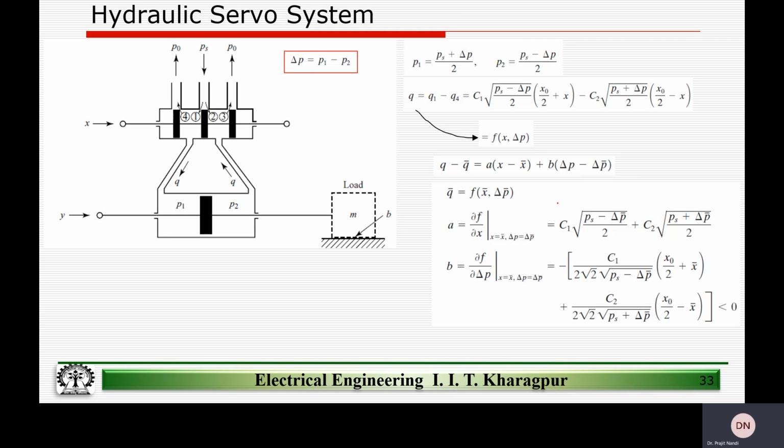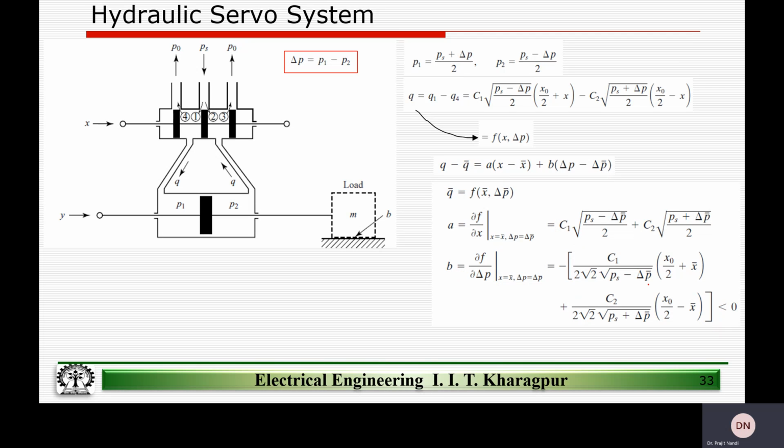Doing the math, we arrive at this. Similarly, for B, we are looking at the slope or the dependence of Q on the other quantity, delta P, around the operating point delta P bar. That slope is given by the partial derivative of f with respect to delta P around that operating point, and we end up getting this kind of expression. And it's important to note that B is actually negative, right?